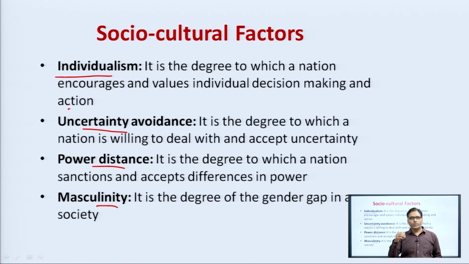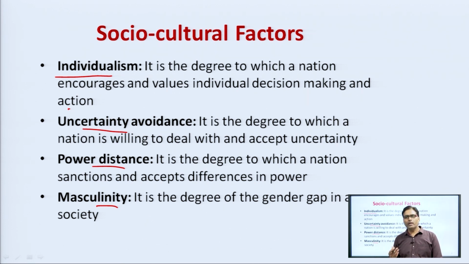If the people who are working for your organization, and you are working in the international environment, the people in the host country, if they have individualism, then at that time they will prove to be good leaders. They can make good decisions.